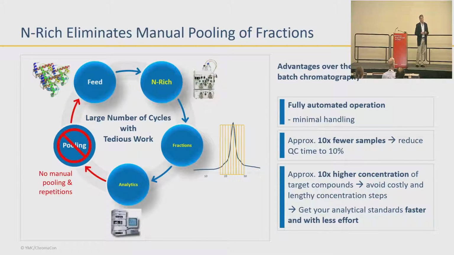The concept of Enrich is really to get rid of the pooling, not to have to handle all those volumes and all that material as you're pooling things as you're going along, and to minimize the fraction collection and the analytics. So we want to optimize that vicious cycle of doing something a zillion times.